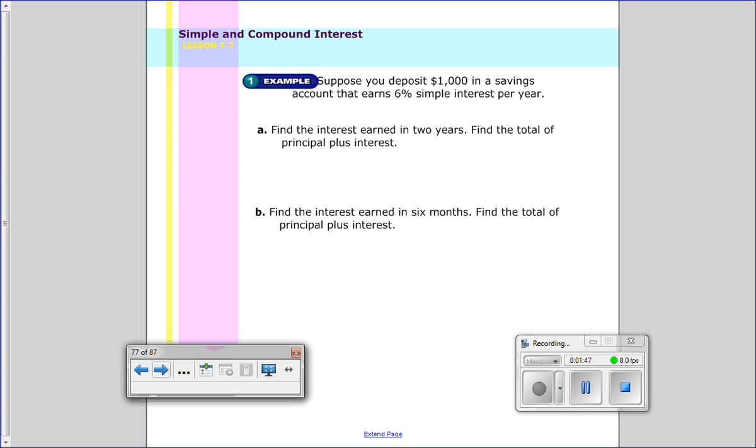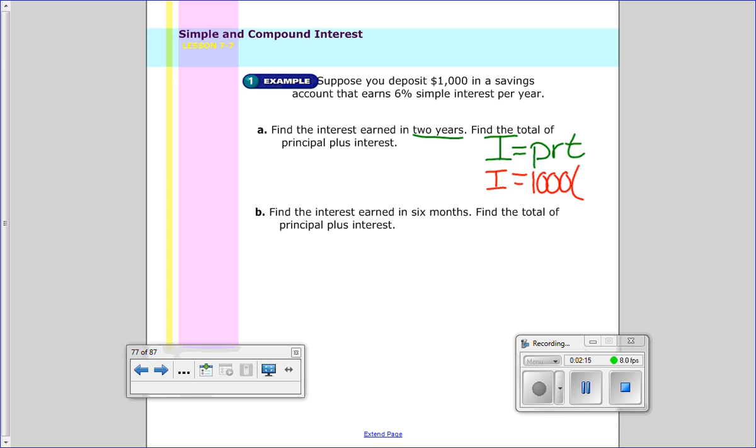Suppose you deposit $1,000 in a savings account that earns 6% simple interest per year. A says find the interest earned in 2 years. And then it says find the total amount of money you have in the bank then. So again, we're going to use this. Interest is equal to principal times rate times time. Well, we don't know what the interest is yet, so we're going to leave it as I. Principal, well, you put in $1,000.